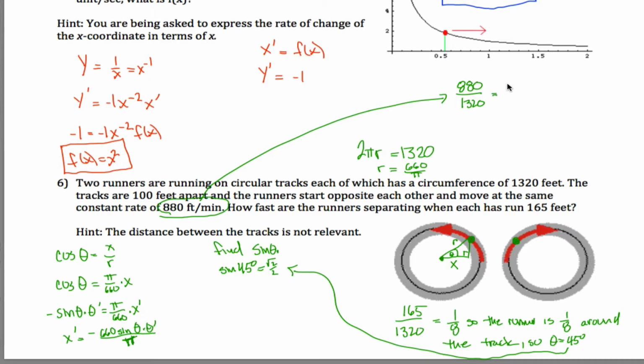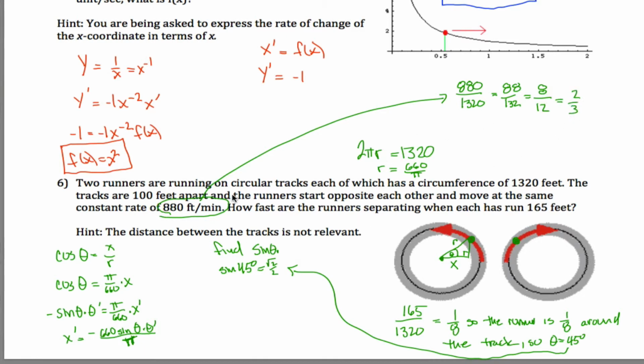Let's see, that's 88 over 132, which I think you can divide by, what, 8? That's not true. Divide these by 11. That's how this works. So this ends up being 8, and 11 goes into 132 12 times, and 8 twelfths is 2/3.